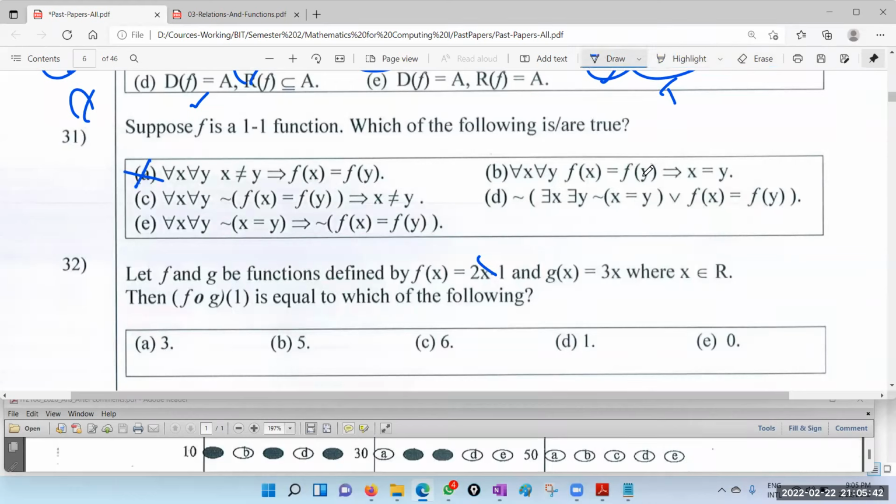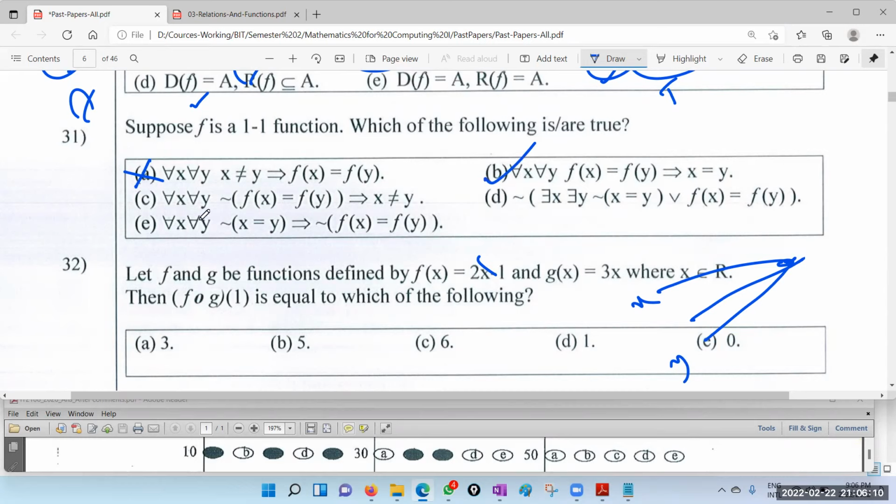When fx and fy are the same, that means x is mapped to this, y is mapped to this. If that happens, x and y must be the same. So that means it's one to one. So there's no possibility of many to one. Okay, right? If it is one to one, yes, this must be correct. This is not the only condition, but this must be correct. Okay, following are true. Yes, this must be true.